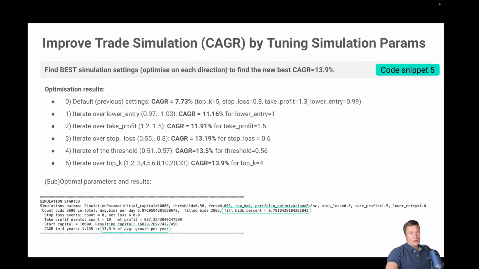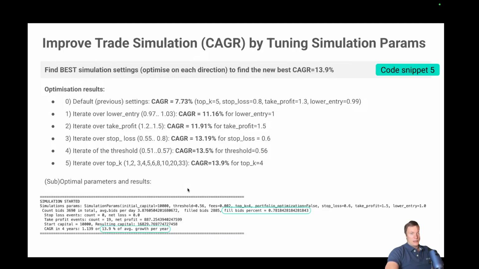So my approach is that I optimize one parameter at a time. That's not ideal. It may lead to a local maximum and not a global maximum. So if you have a lot of time, you better just simulate over 10,000 or 100,000 different combinations of these parameters, and make sure that you find the best possible average growth.